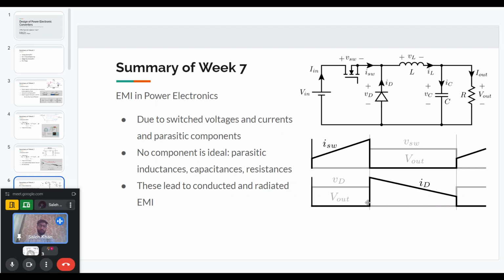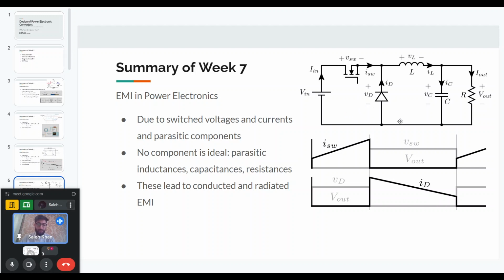So in addition to these switching voltages and currents, we also have parasitic components in various parts of the circuit. For example, each inductor will have a resistance associated with it and a parallel capacitance associated with it. All the devices have parallel capacitances associated with them. They also have series inductances.